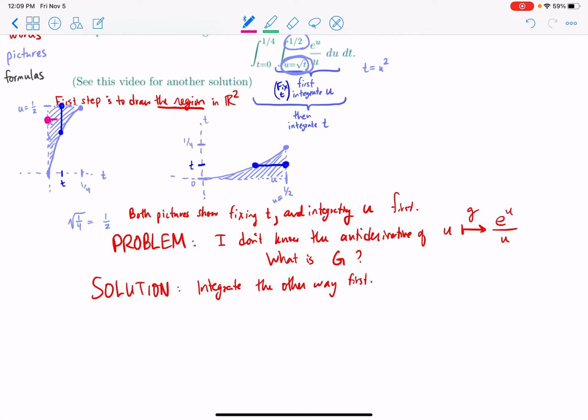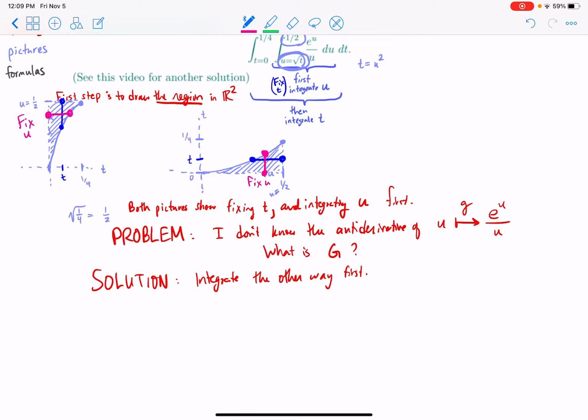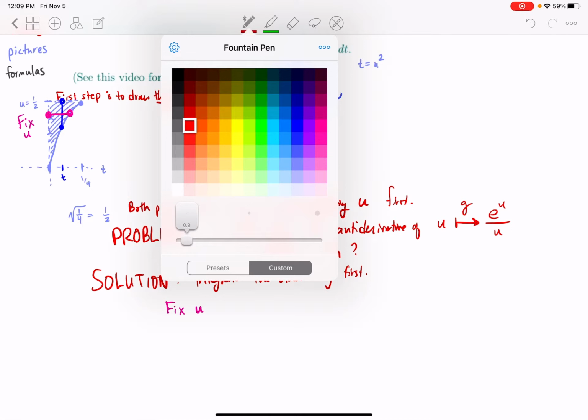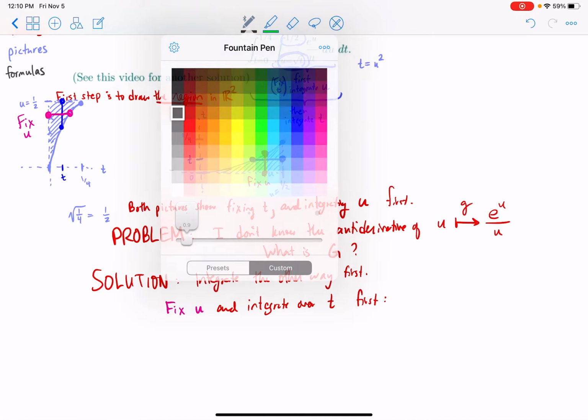So now I'm fixing u, and in this picture, it would be like that, fix u. Well, then I integrate over t first. So fix u, oh, this should be in red for fix u, and integrate over t first. And that will give new formulas.